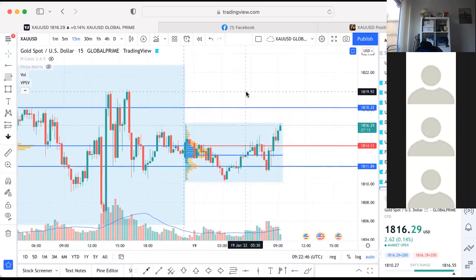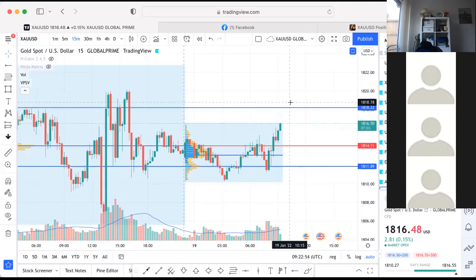If I was going to get in a buy right now and take the buy up to that point there, before I jump in, I would look at a few confirmations. First of all, I've got this volume profile here. So it's not volume profile, it's volume.